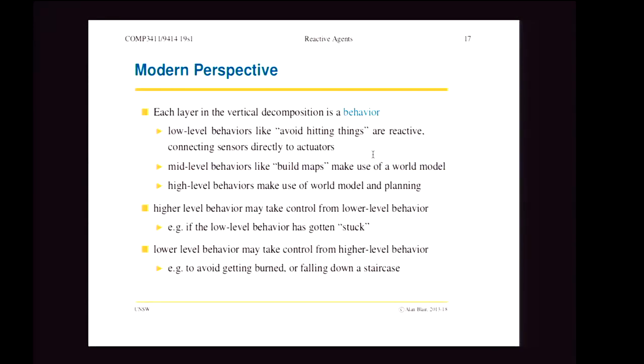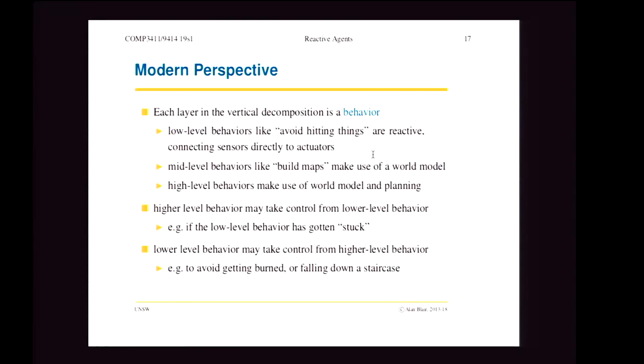So what's an example of a low-level behavior? Well, avoid hitting things. Say you're building a robot that's moving around a home. Let's say the robot is on wheels and it gets to the edge of a staircase. There's that famous scene in RoboCop where the legged robot falls down a staircase. If the robot has a little sensor on a spring, when it gets to the edge of the staircase, the spring will go down and detect that there's no floor in front of it, so it goes into reverse.